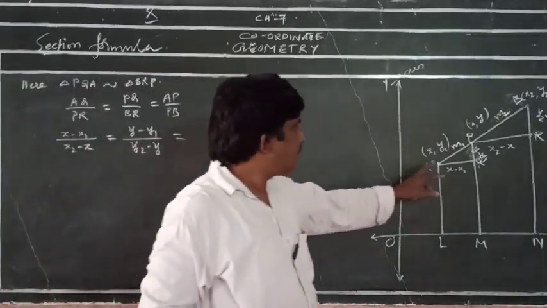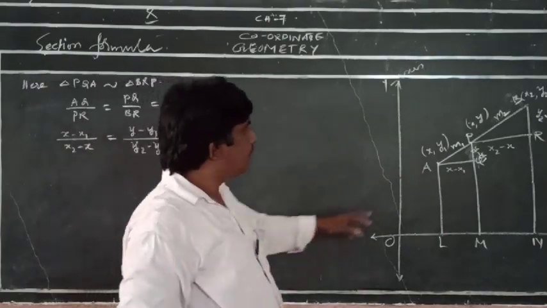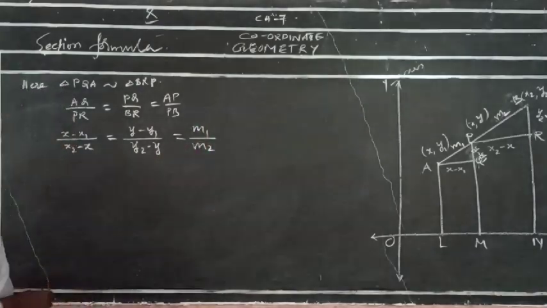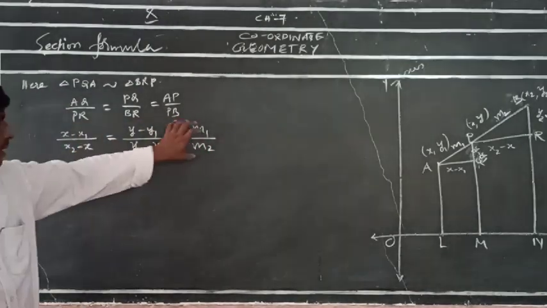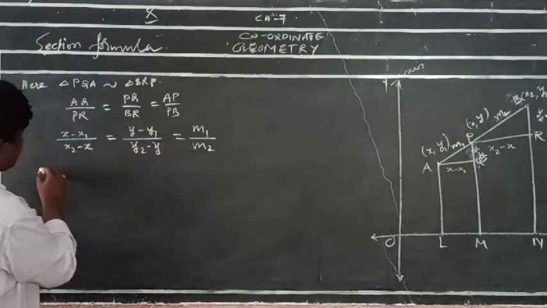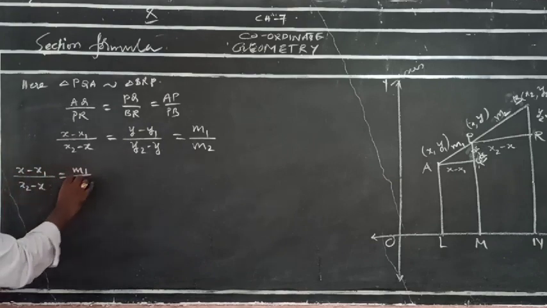Here AB is m1 and PB is m2. So these two are related as well as these two are also related. If we take these two relations, you will get (x minus x1) by (x2 minus x), which is equal to m1 by m2.